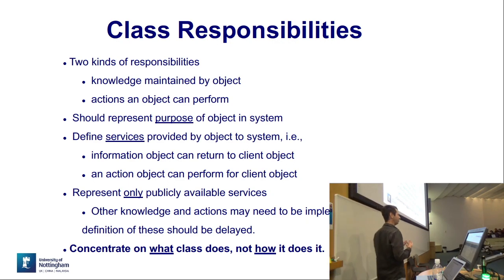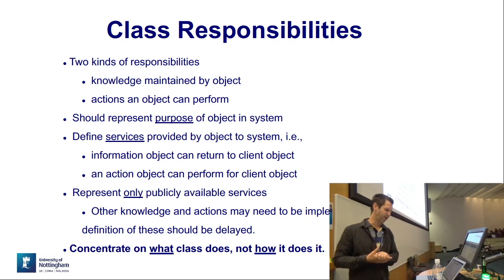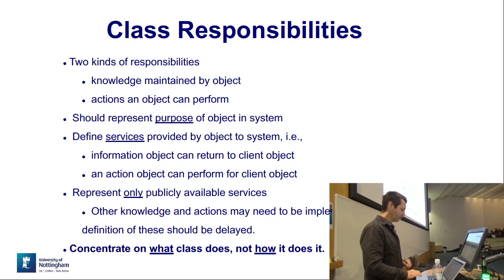So they represent the public aspect. You should basically never have private data. And during the design phase, I have this in bold-face font, you concentrate on what a class does, not how it does it. So just concentrate on what it does and not how.